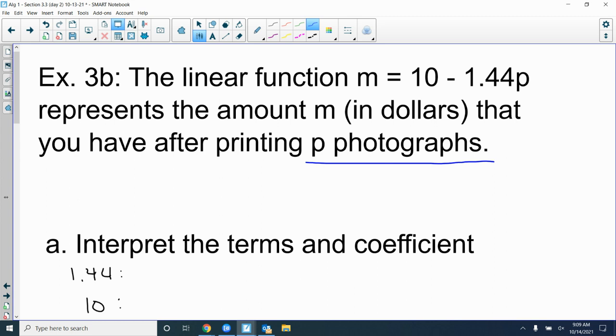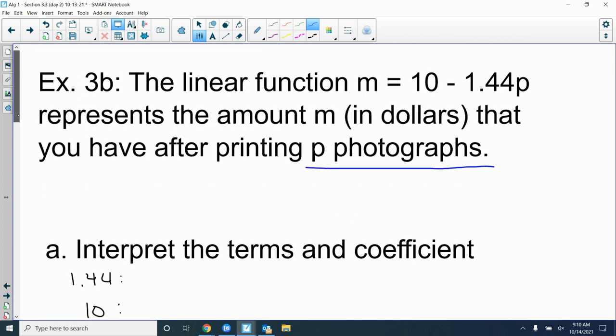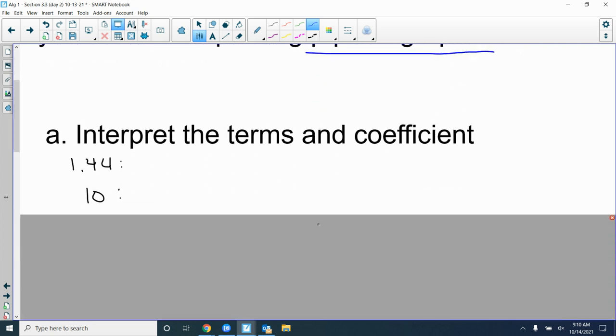Ava? 10 is how much you have to spend, and 1.44 is the cost to print each photograph. Yes, 1.44 is the cost of each photo because we're subtracting that away. Now, 10 is the amount of money you have to start with.